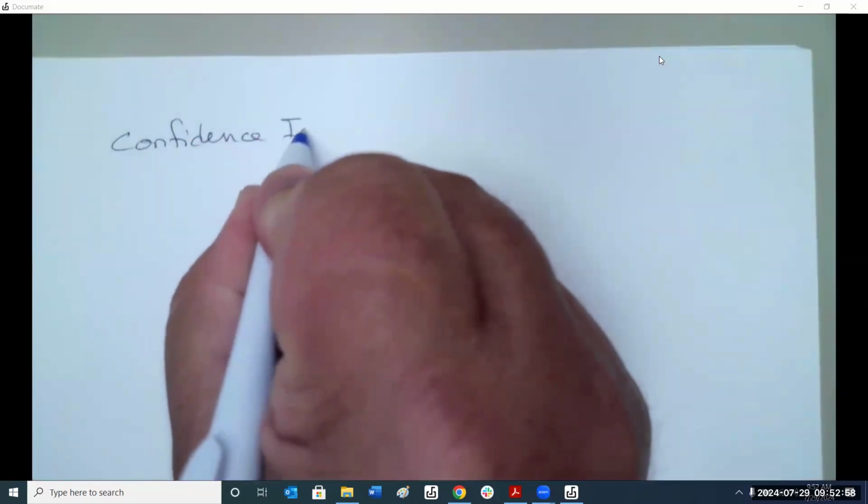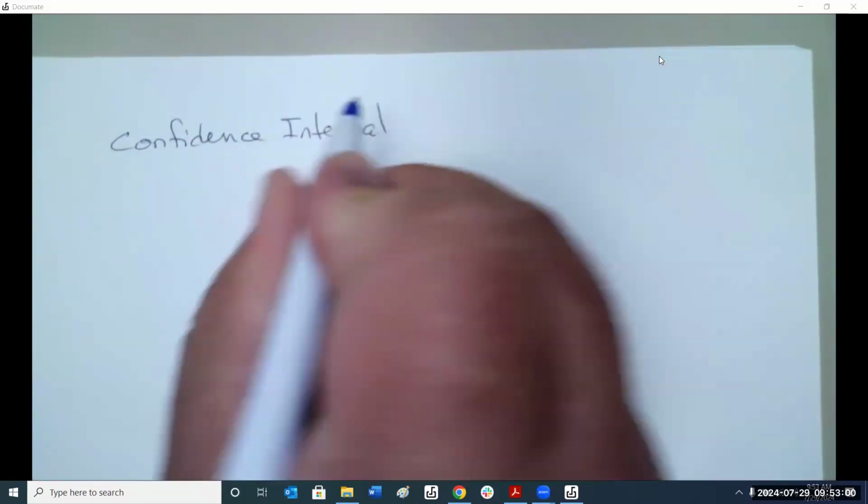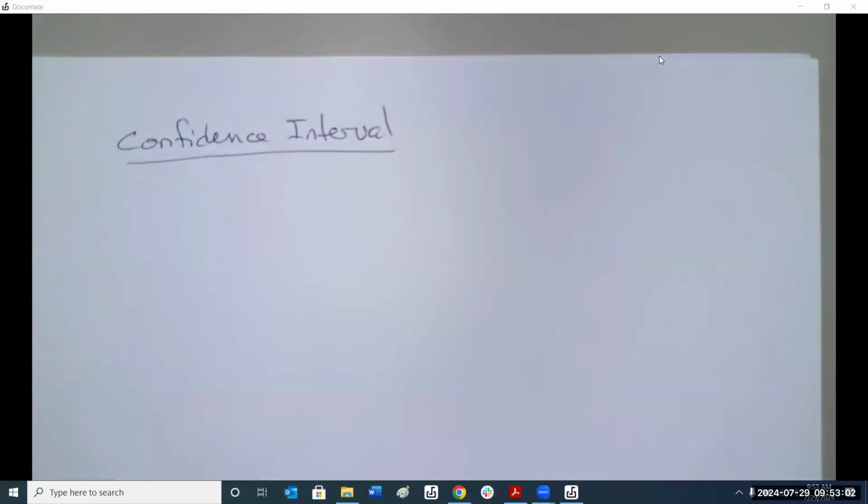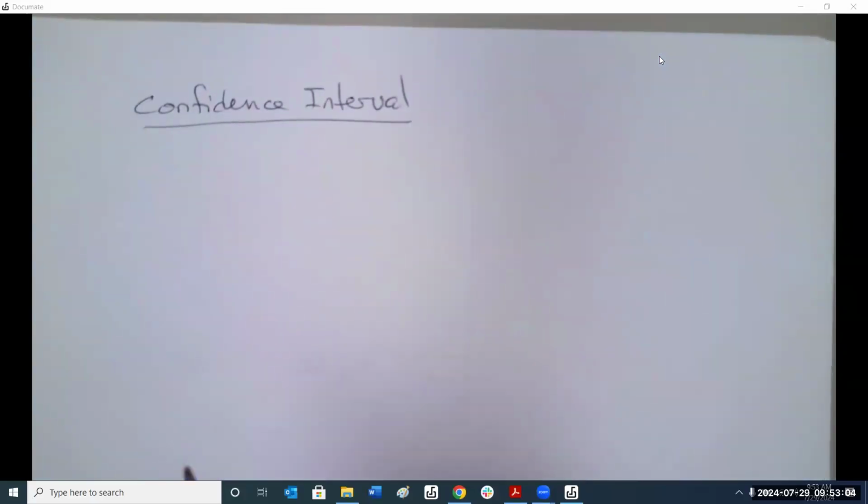Next thing we're gonna talk about is the confidence interval. Why do we need to know confidence interval? What does it say on our sheet?